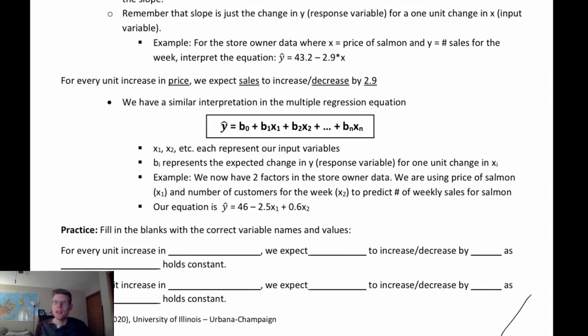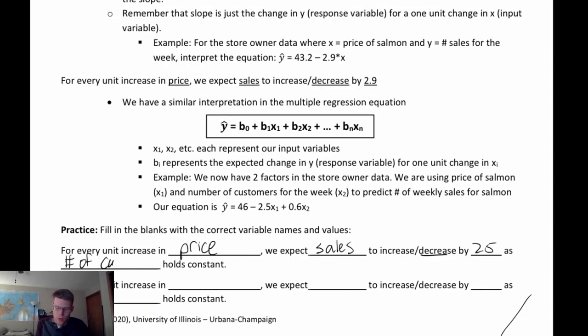And so now I notice that for x sub 1, which is the one I've already seen, price of salmon, for every unit increase in price, we expect sales to decrease by 2.5 as this other predictor holds constant, and that would be number of customers.